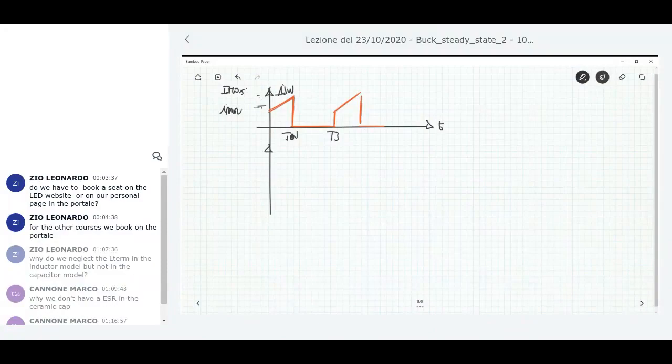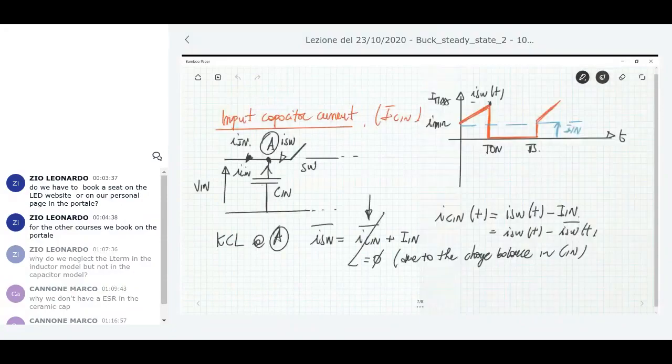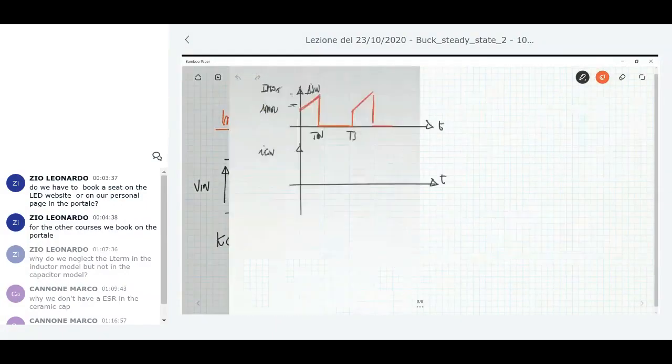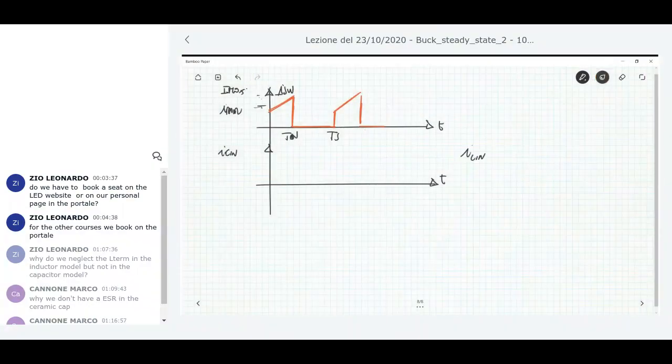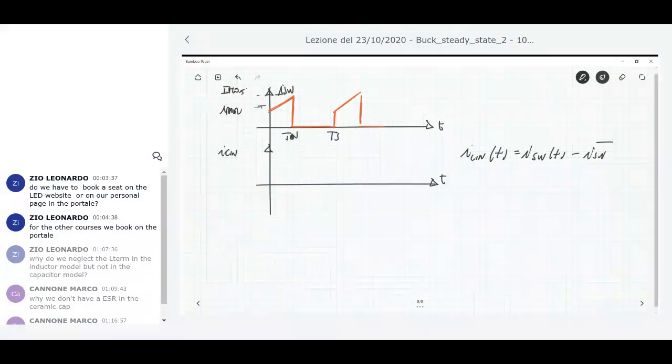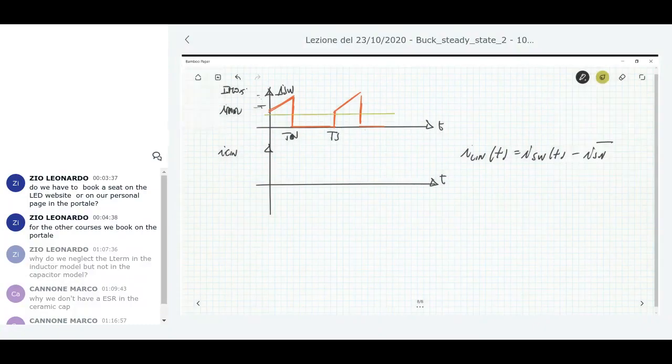So I_C,in is defined by this expression here: I switch minus its average value. The average value is I in.